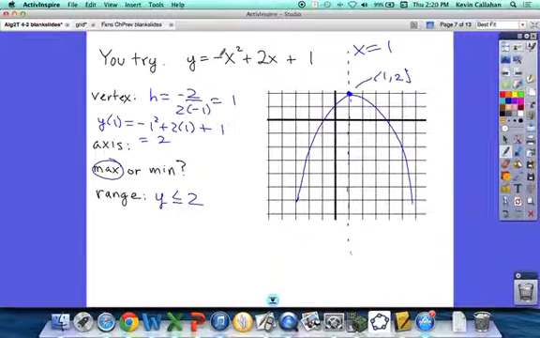Remember, range means y values, right? Up till now, most of the time we talked about domain and range, we had a set of points, and the domain was all the x coordinates, the range was all the y coordinates. But a graph like this is made up of infinitely many points. You can never write down a list of all the points that make that up. So instead, you're going to have to use inequalities like that to describe the range of values that y can have. In this case, the domain is all real numbers because this thing goes infinitely to the left and infinitely to the right, from -infinity to +infinity.